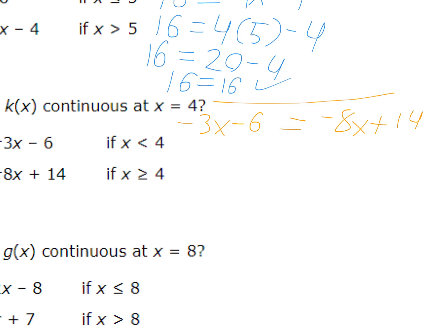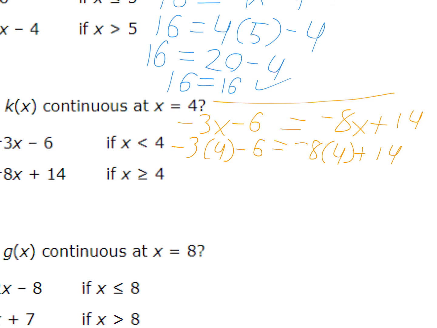And we want to know, are they continuous? Are both sides going to be equal at x equals 4? So we're going to plug in 4 for our x's. Negative 3 times 4 minus 6 is equal to negative 8 times 4 plus 14.